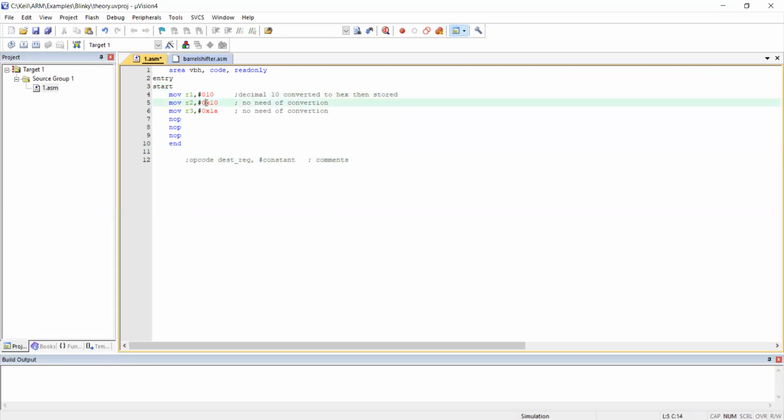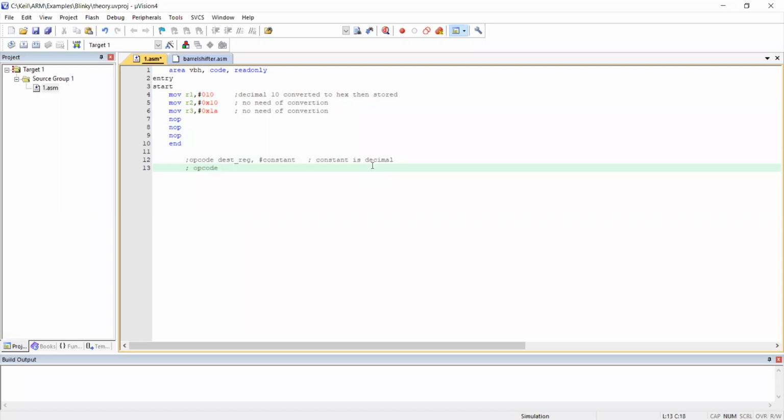If I mention 0x, it is called a hexadecimal number or hexadecimal constant. Here I will write a comment: the constant is in decimal format.